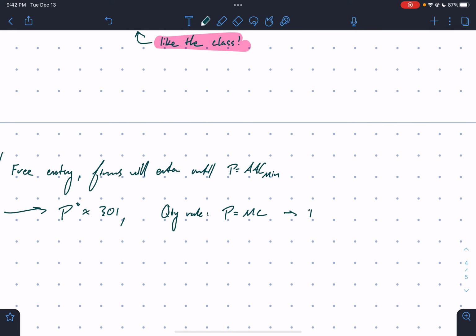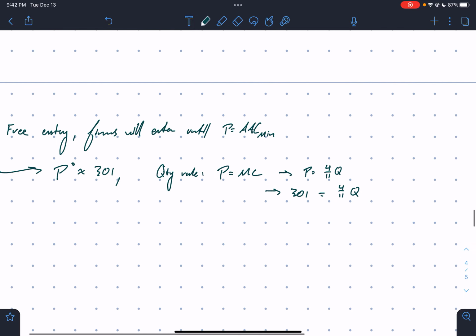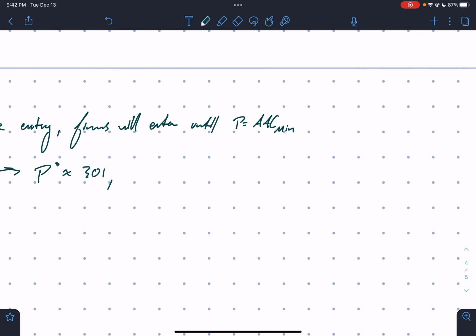So this means price is equal to, here the marginal cost is 4 over 11 Q. So this means 301 is 4 over 11 times Q. Oh, sorry, this is wrong. Sorry, I got lost for a second there. This is price. We can just directly plug this into inverse demand, or plug into demand.